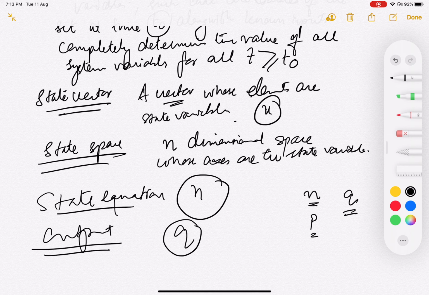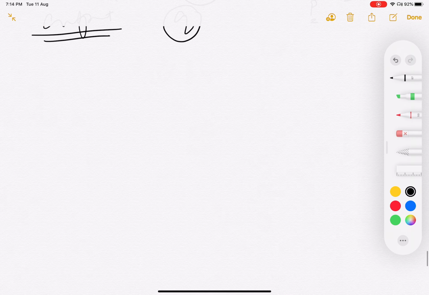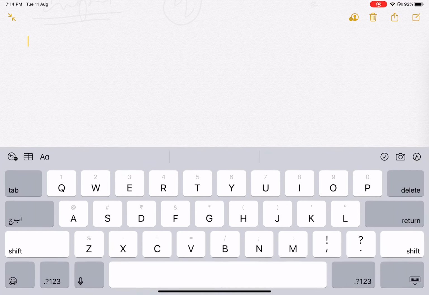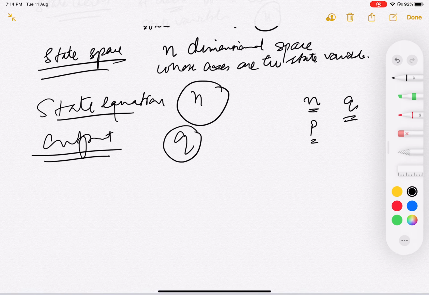So this is very briefly about state space representation. Now let us come quickly to some examples where we could actually write down the state space representation. We'll take up circuits only, although we can easily extend this to mechanical systems that we have seen, but for this lecture I'll be confining myself to only circuits, right?